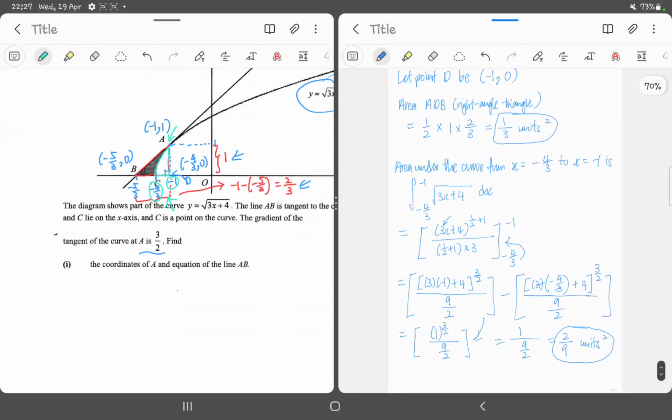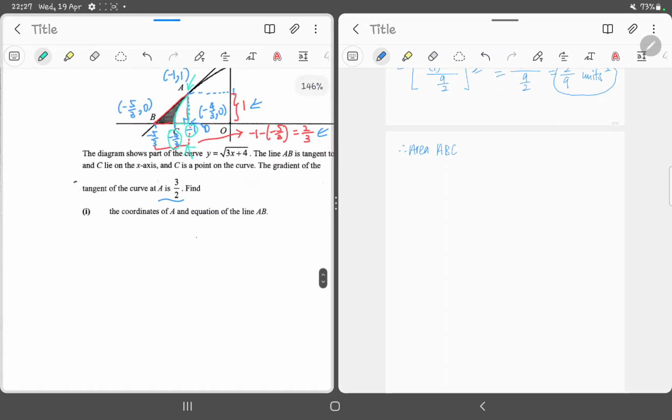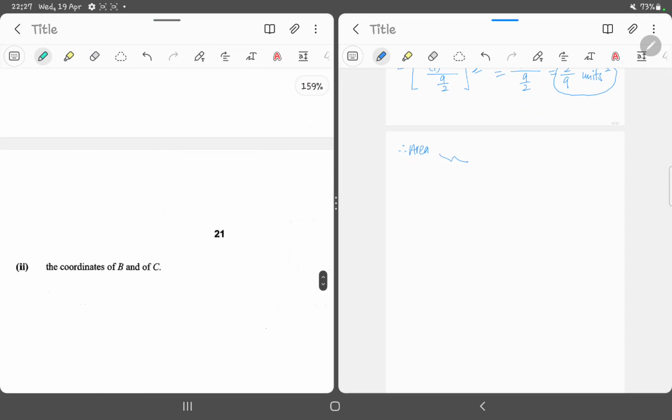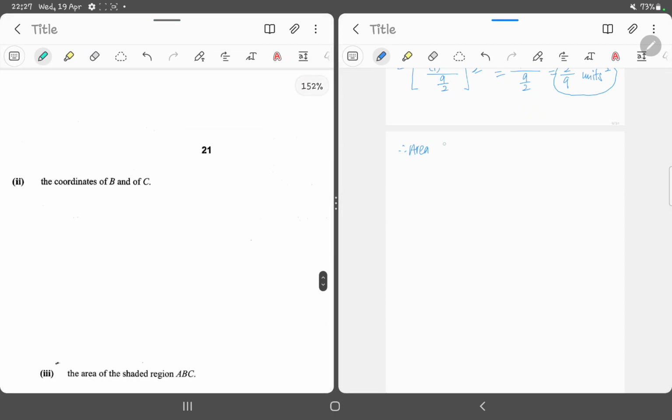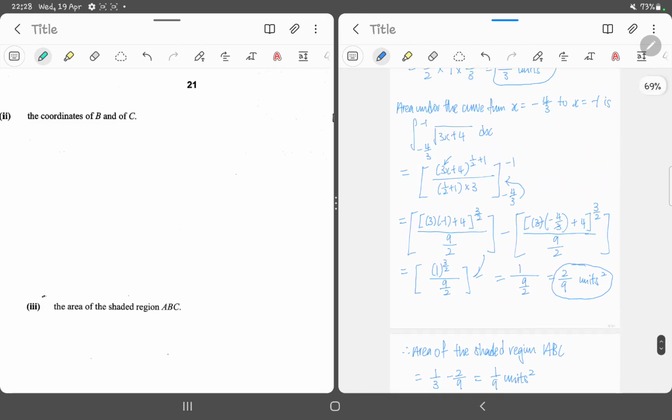Okay, so we're going to take 1/3 minus 2/9. So therefore, area of the shaded region ABC equals 1/3 minus 2/9, which is equals to 1/9 units squared. And we are done with this question.